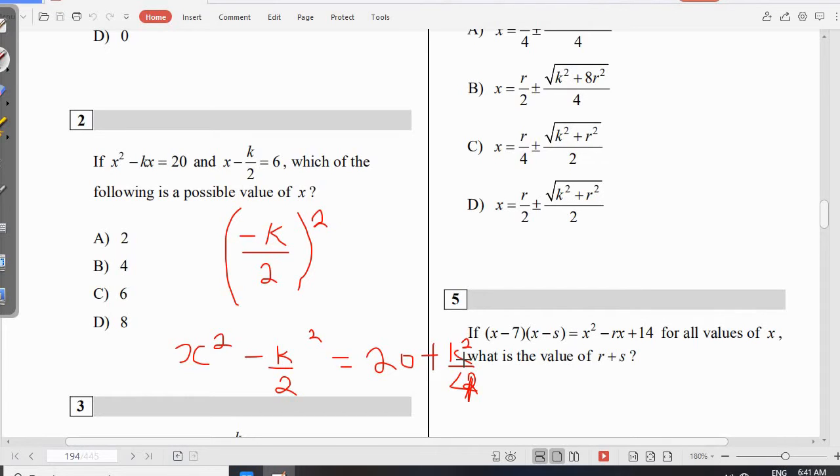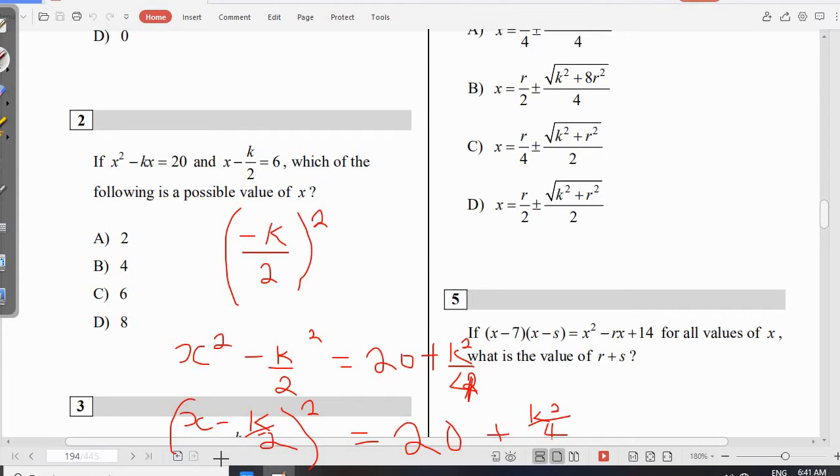Now, let's look at this critically. The next thing we'll do is to get x minus k over 2 all square. X minus k over 2 all square is equal to 20 plus k square over 4.